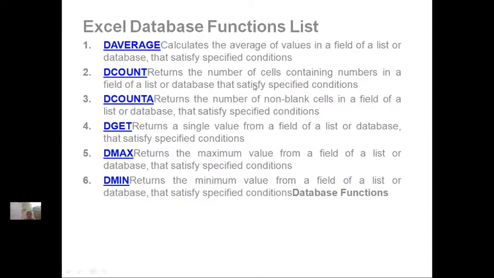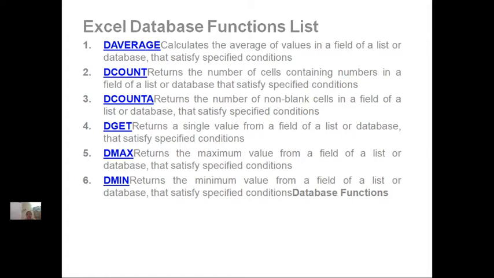The next slide gives the list of all the Excel database functions: daverage, dcount, dcount A, dget, dmax, dmin. So what is this daverage? Daverage calculates the average of values in a field of a list or database that satisfy specified conditions.